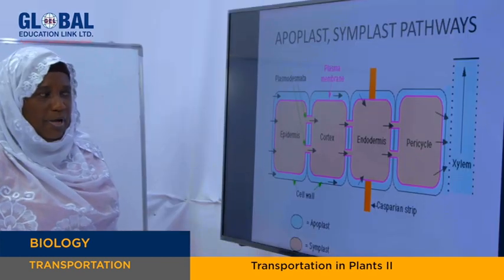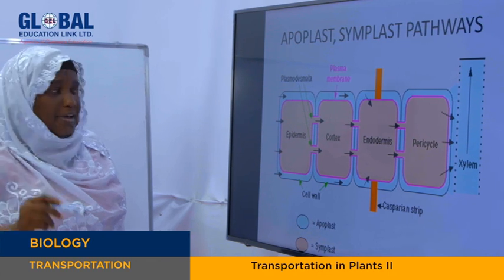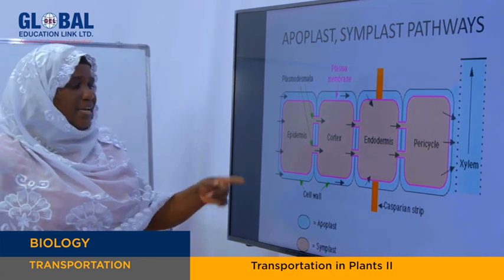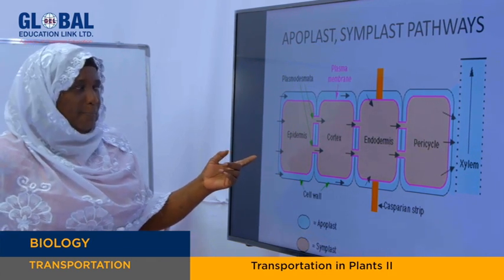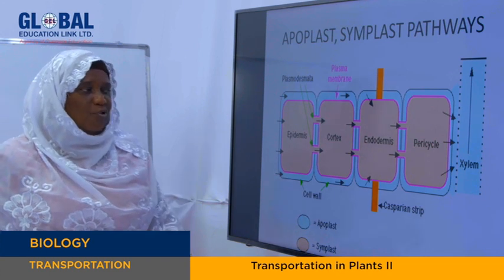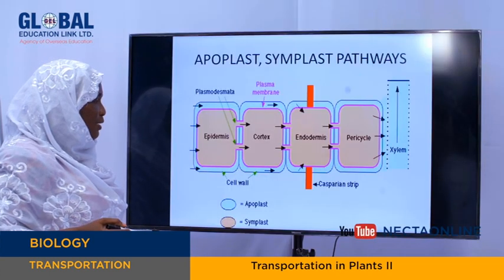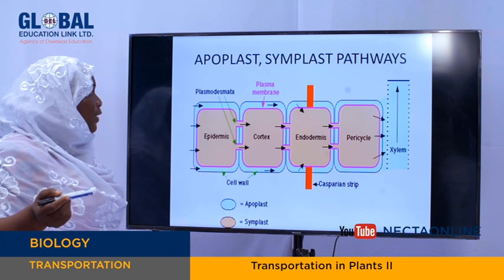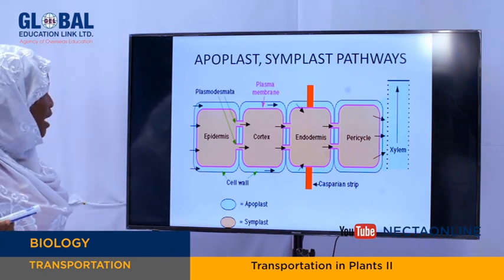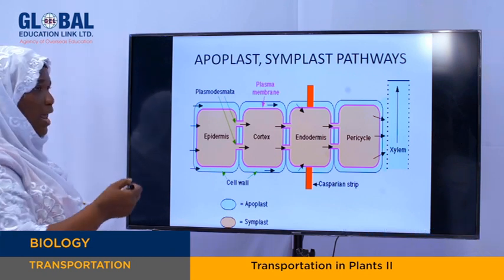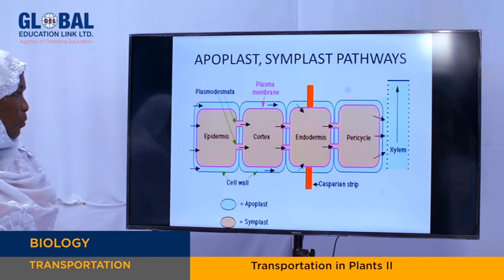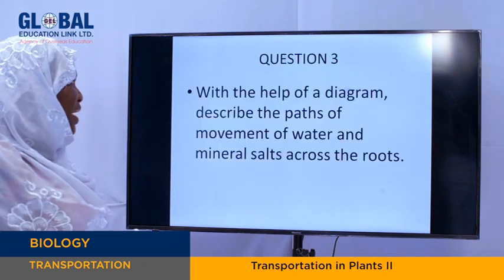Symplasty pathway. The third way is not indicated in this diagram. The third way is the vacuolar pathway. Let me show you another diagram in order to visualize the vacuolar pathway.